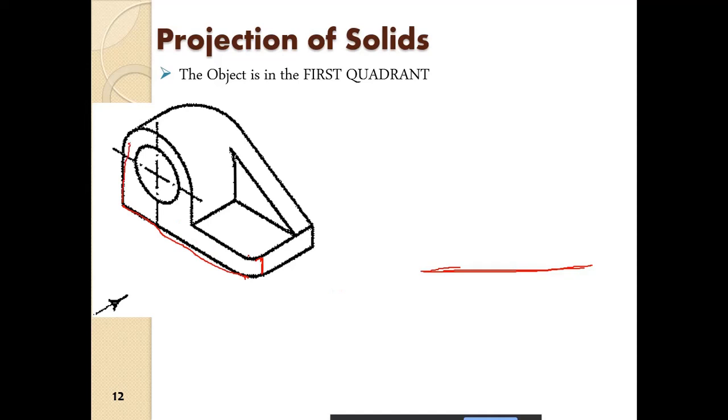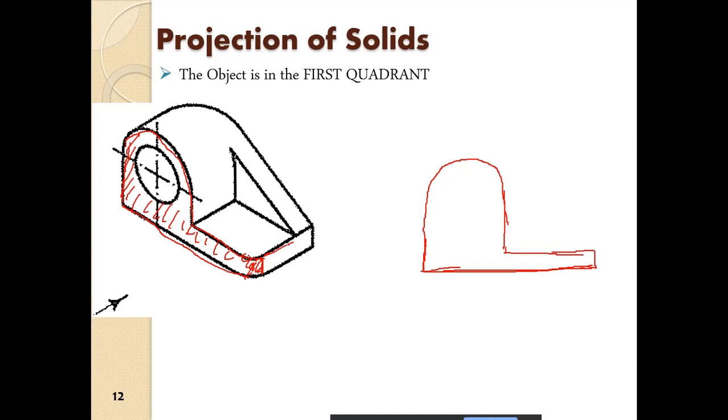Then I will see this part, right? So it goes up and makes a semicircle, comes down, and we end up here. So this part of the surface up to this.